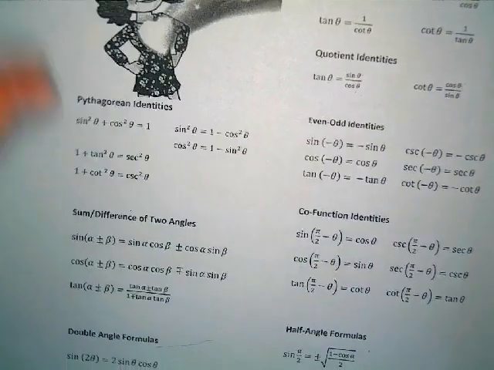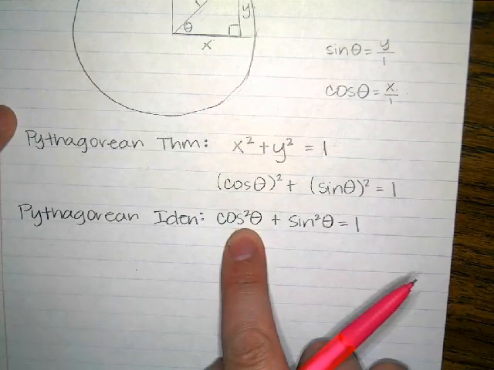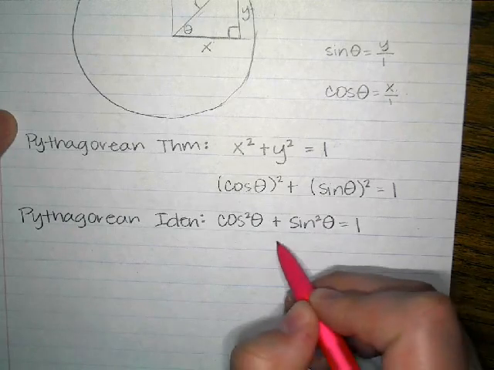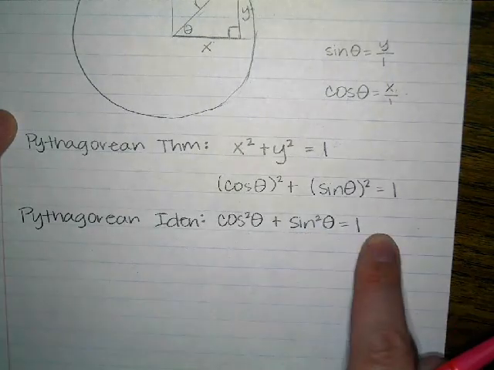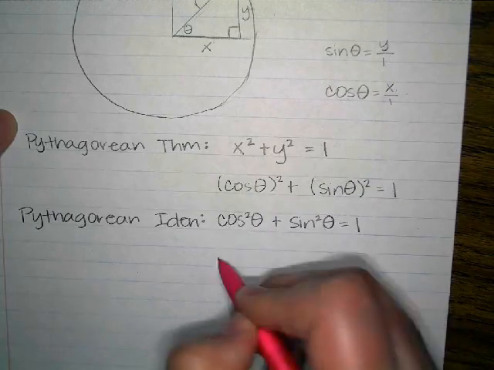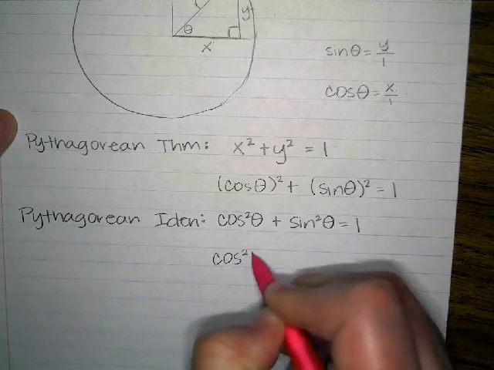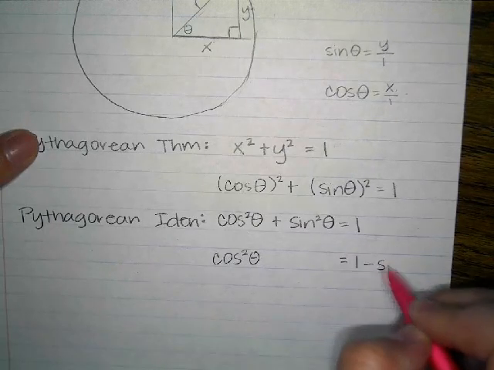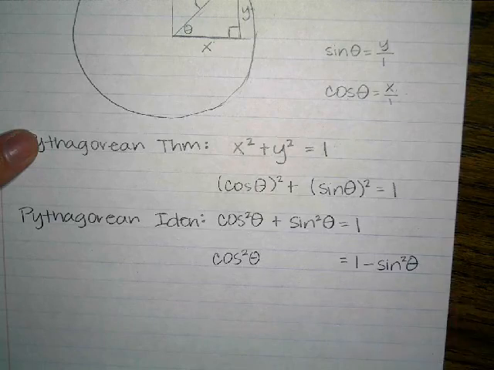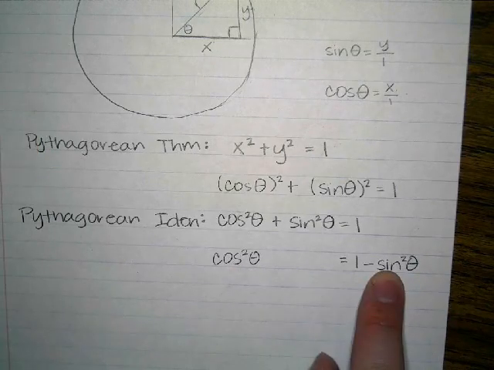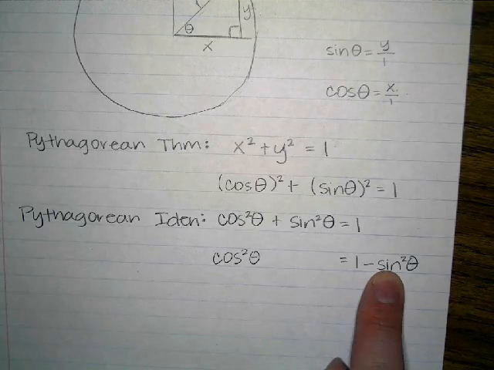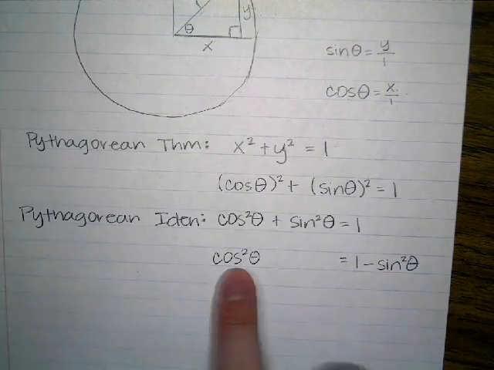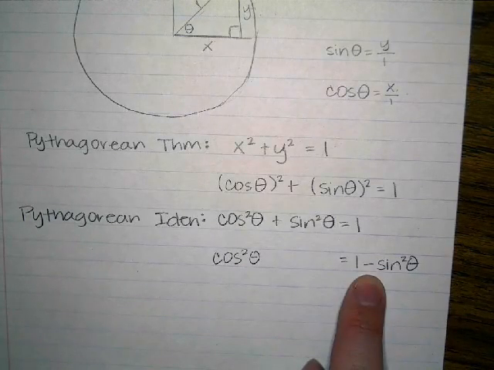So they said, okay, let's keep the cos squared where it is, and let's minus the sine squared over to the other side, so we have 1 minus the sine squared. If you have the Pythagorean identity already, here's just another piece of information we can get from it. Does that make sense? Logical information you can get from it.